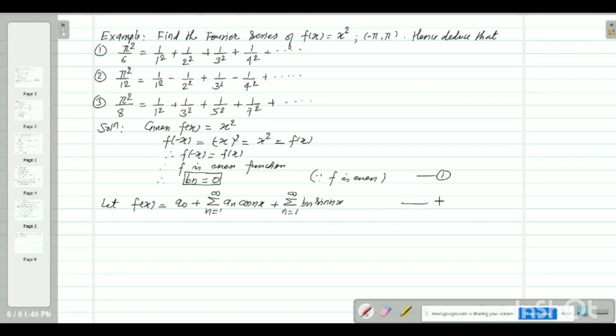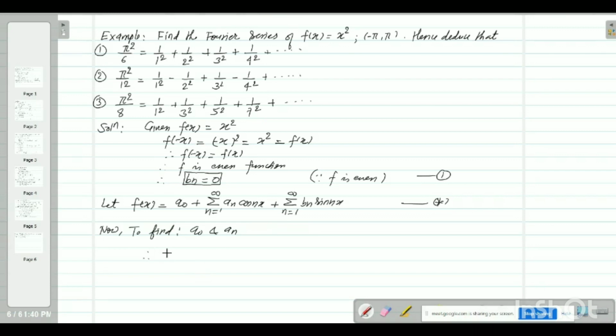Name this equation star. Now to find a naught and a n. Okay, b n we already found.